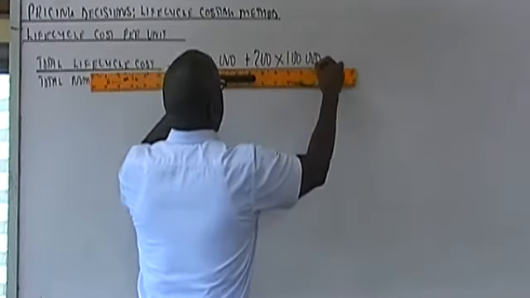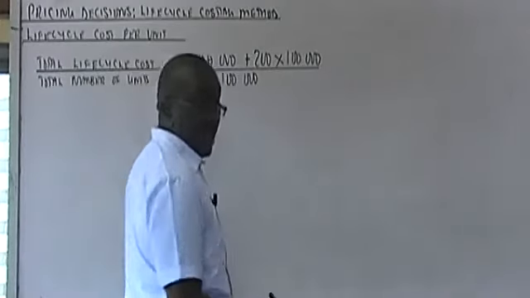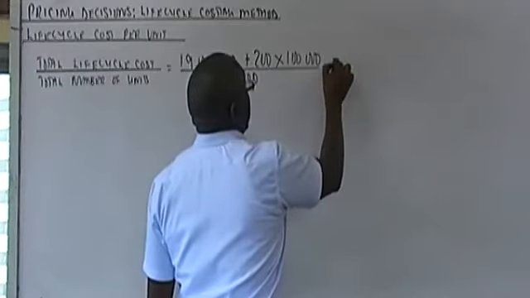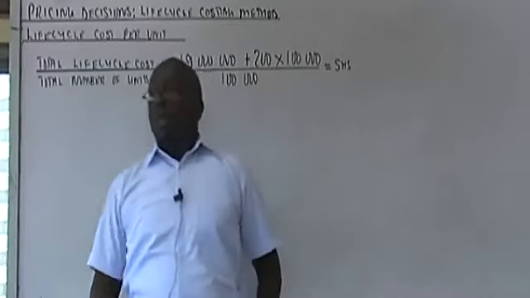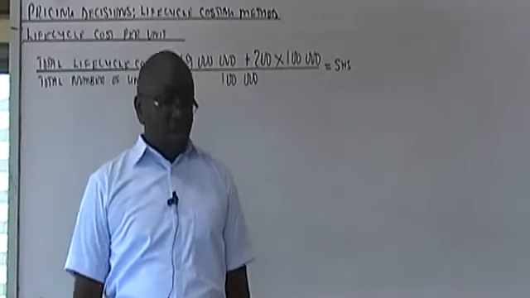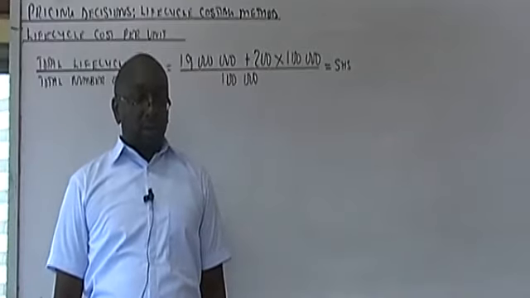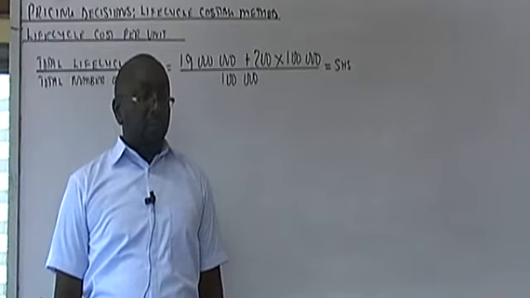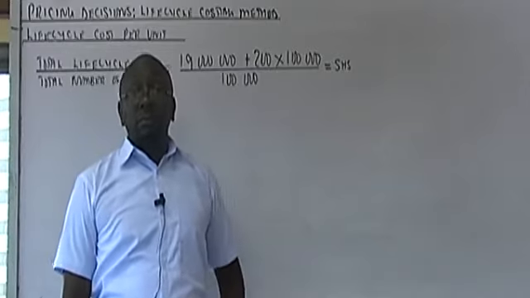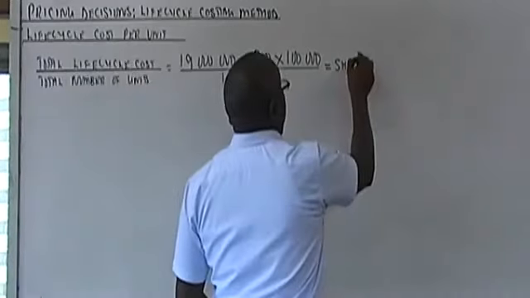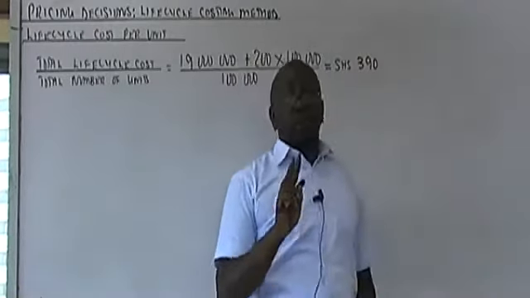So you divide this by 100,000 so that we are able to know what is the unit cost. Shillings 390.